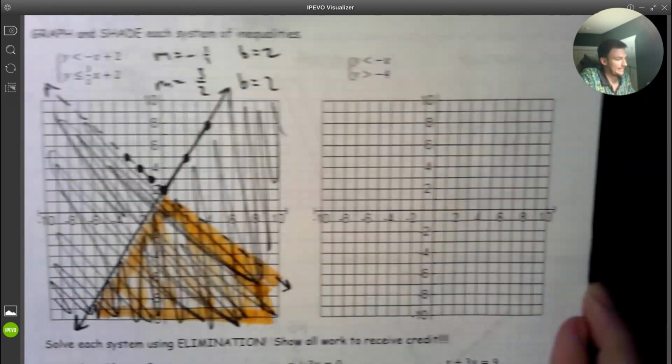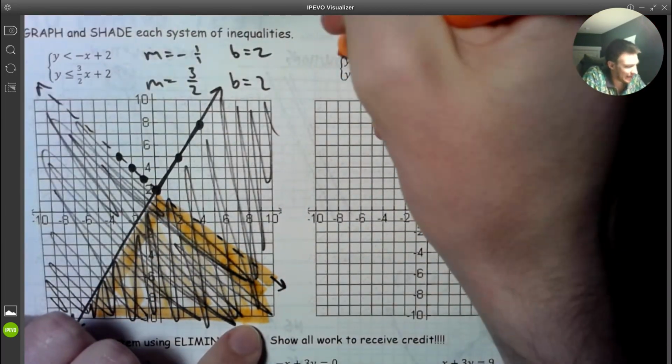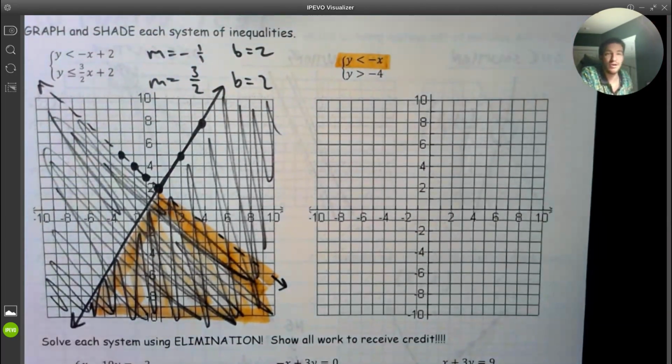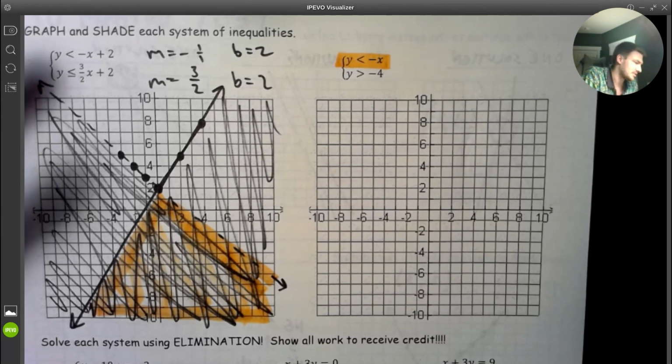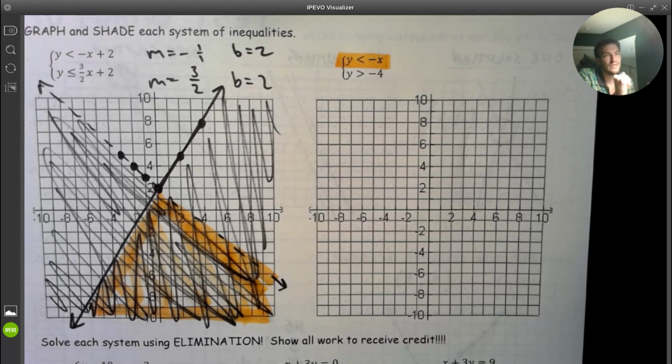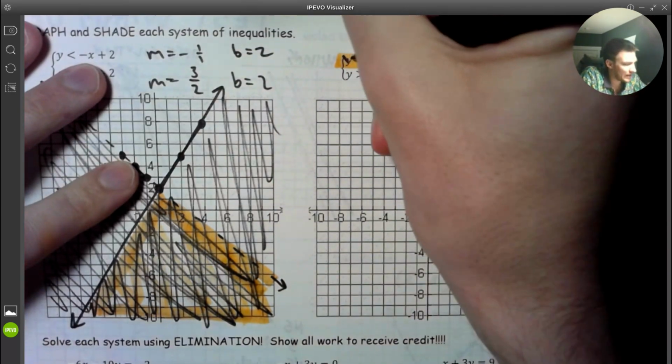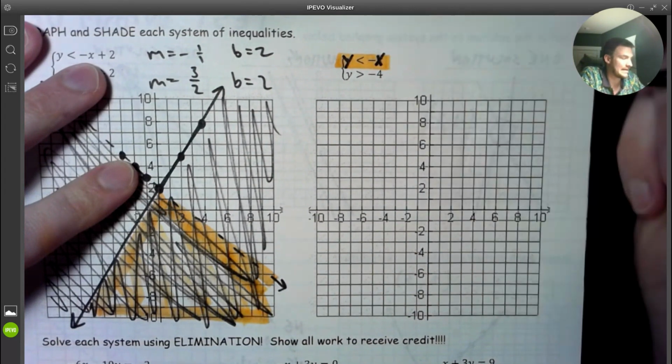Last one, I threw this one on here again today because we really struggle with it. I remember in the video yesterday I said, is this a horizontal line? Is this a vertical line? Or is this a diagonal line? And I heard somebody say vertical, and I heard somebody say horizontal. But the truth is, this is a diagonal line because we have the y and the x.